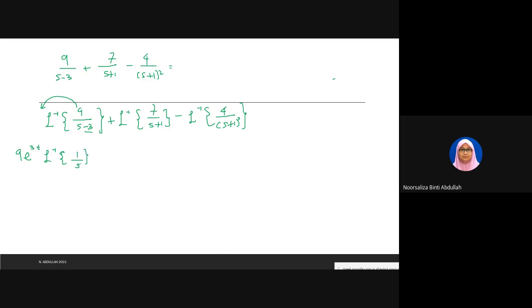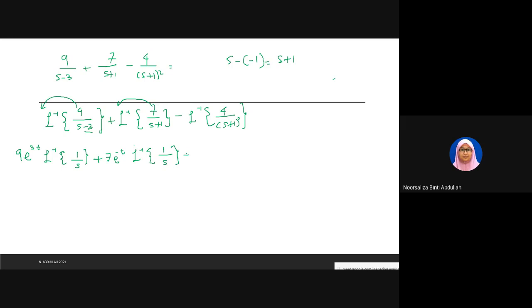And then plus, here also 7 you can take outside. This one is S plus 1, so 7 times exponent minus t, because here is S plus 1, so S plus 1 becomes S minus 1. And then you can get the inverse of 1 over S.